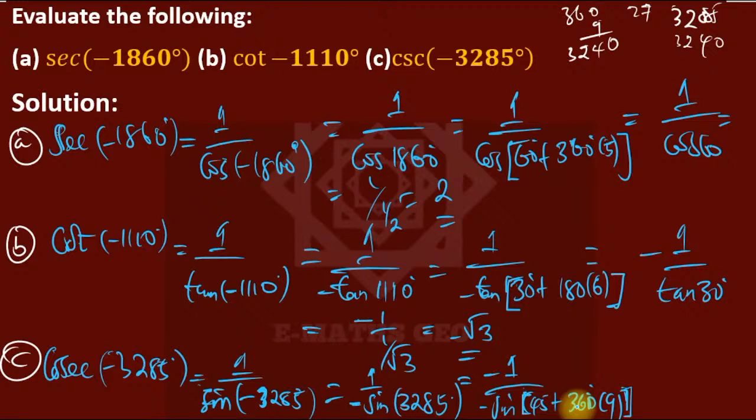So this is just minus 1 over sine 45. Now sine 45 is 1 over root 2, so minus 1 over 1 over root 2 is minus root 2. So that's the answer. That's how we use it.